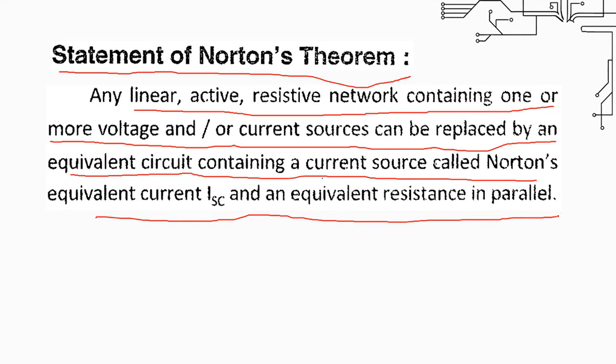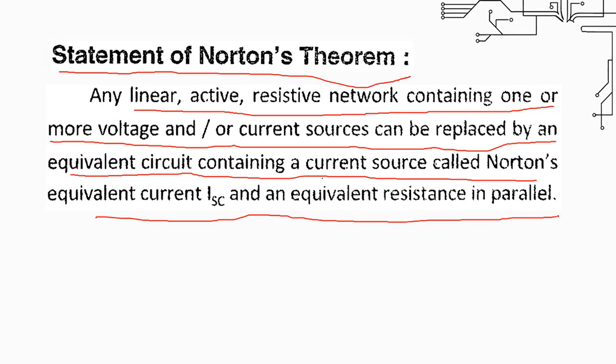Try to remember the statement of Thevenin's theorem. In Thevenin's theorem we were writing that any linear network containing one or more voltage or current sources can be replaced by Thevenin's equivalent voltage VTH and a series resistance called Thevenin's equivalent resistance. This was the statement for Thevenin's theorem. A similar statement will be for Norton's theorem, but the wording will change, with the current source and equivalent resistance in parallel.